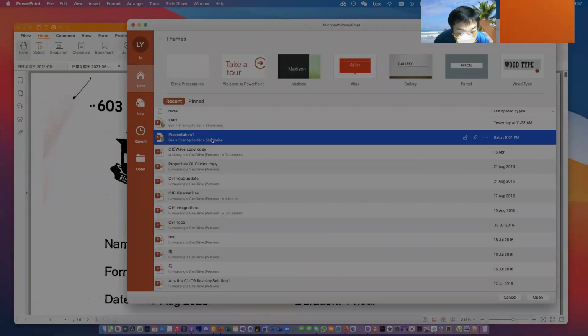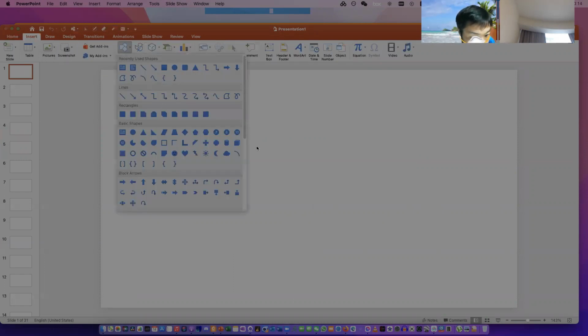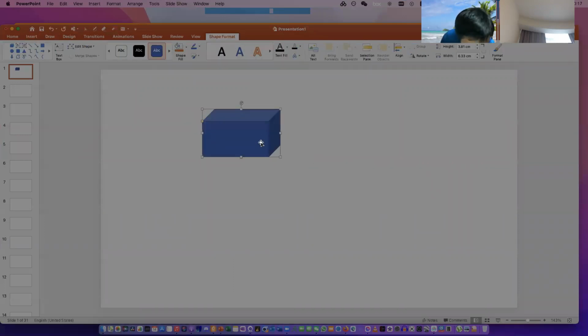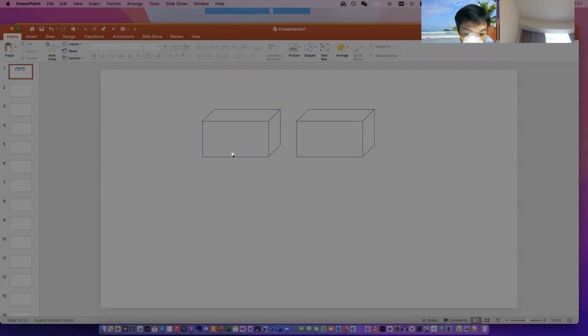Okay, for example, let's say you have two containers of the same size, and let me give you the dimensions.